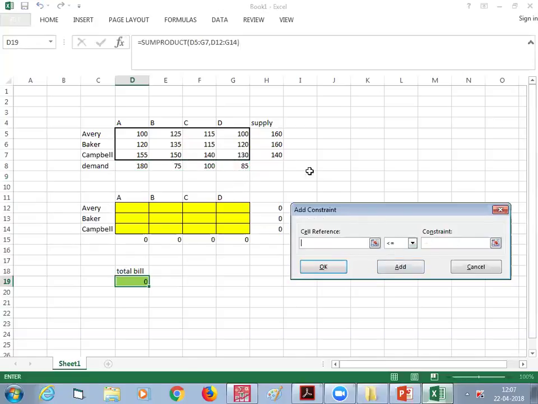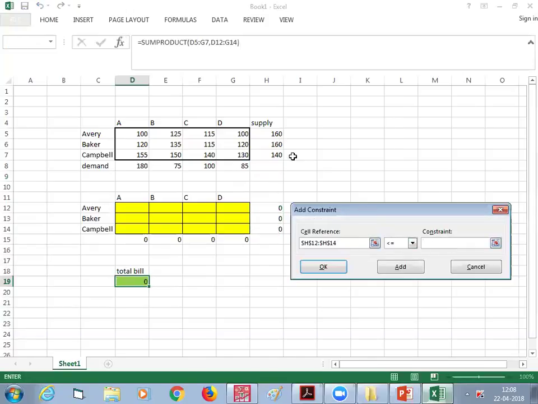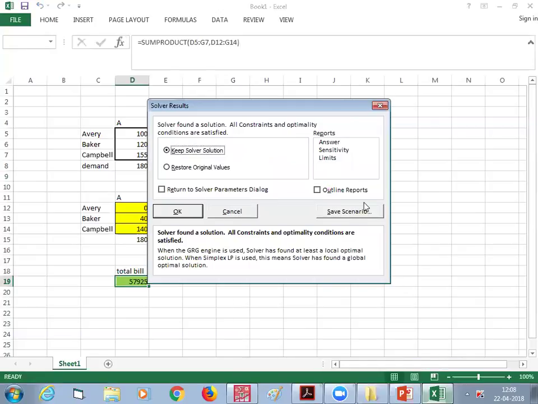On the other hand, because we have excess supply, the supply constraints will be less than or equal to the supply available. Very, very simple, and we solve.